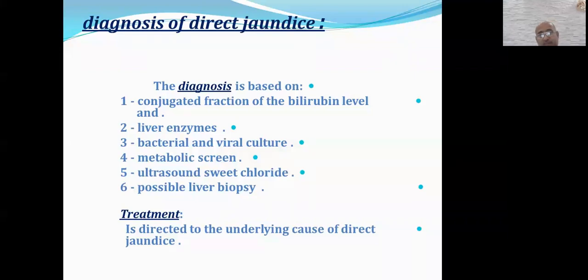Treatment of such a problem is, of course, directed to the jaundice of the newborn, and of course searching for a cause in a simple workup that we mentioned here. All the time you should send for direct and indirect bilirubin to know which type I deal with regarding the type of the bilirubin.